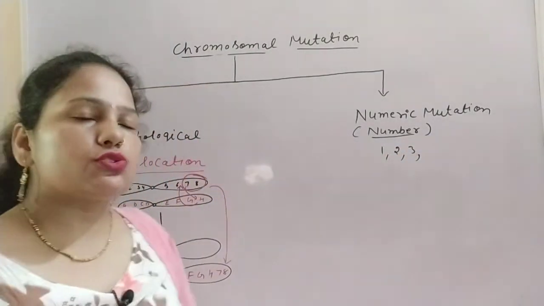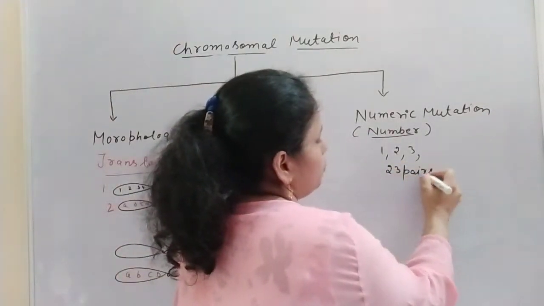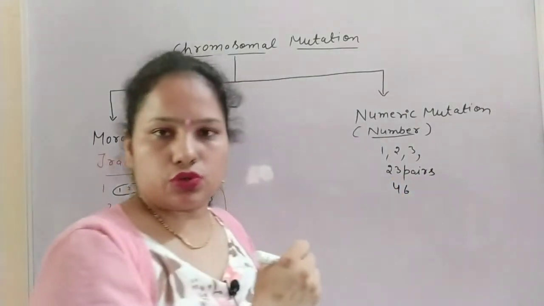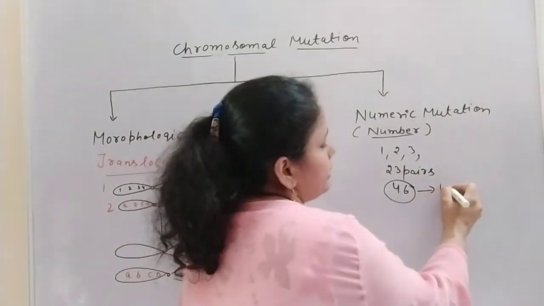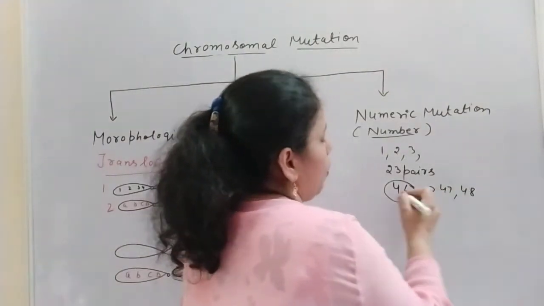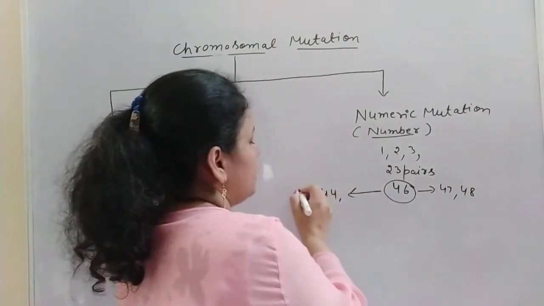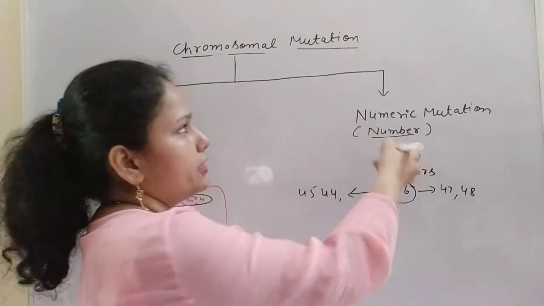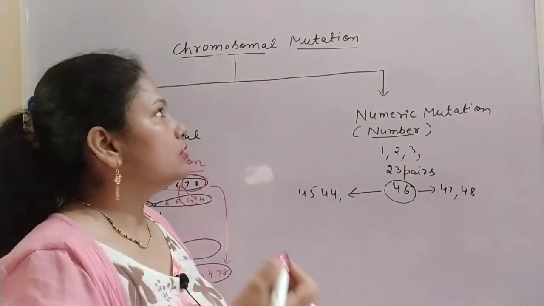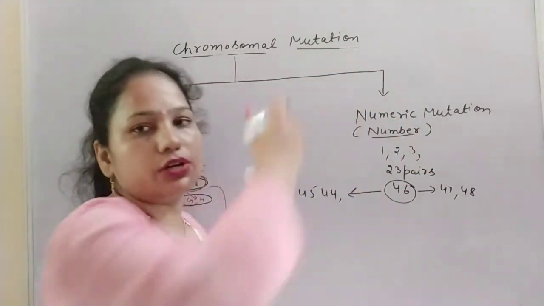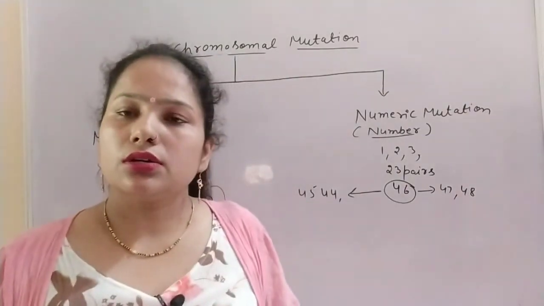In the case of human beings there are 23 pairs of chromosomes, or we can say 46 chromosomes are present, and if their number is increasing like 47 or 48, or the chromosomes are decreasing like 44, 45, so this increasing or decreasing in the number of chromosomes is the numeric mutation in chromosome.